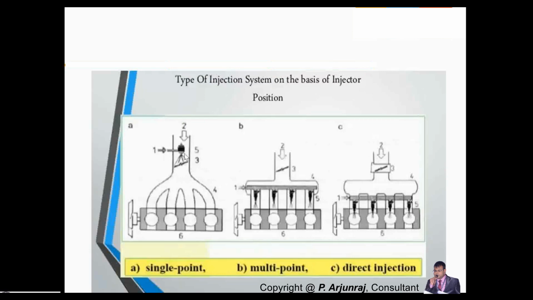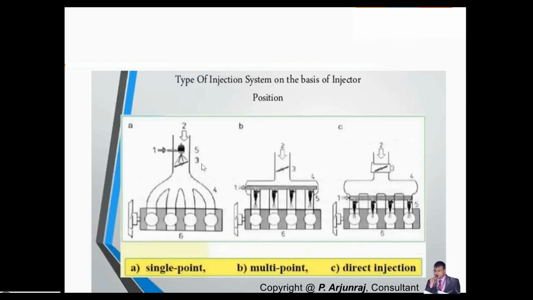As I said, the gasoline engine is the one where you get an air and fuel mixture during the intake stroke. The air and fuel come into the intake manifold and go to the combustion chamber.